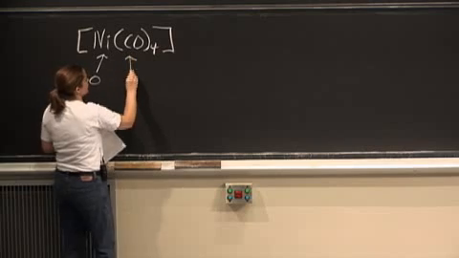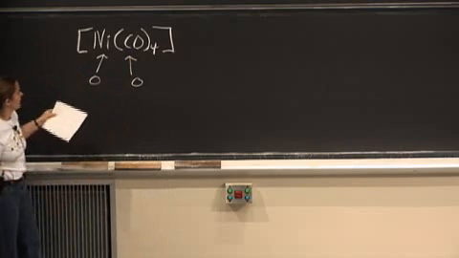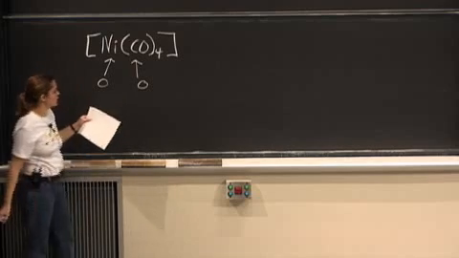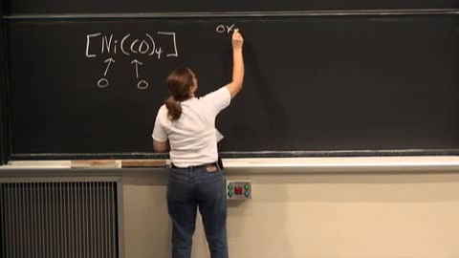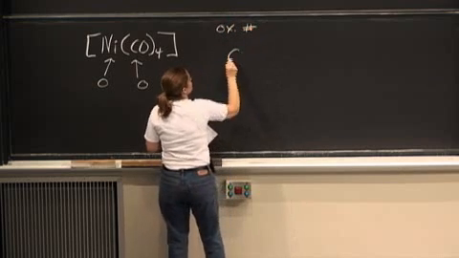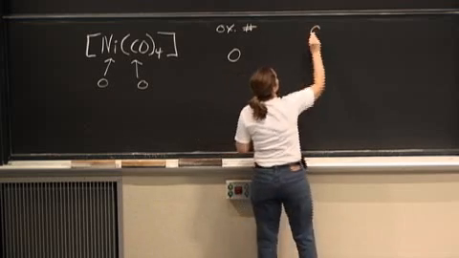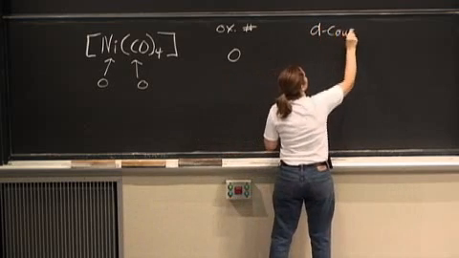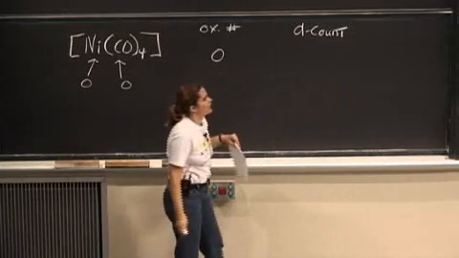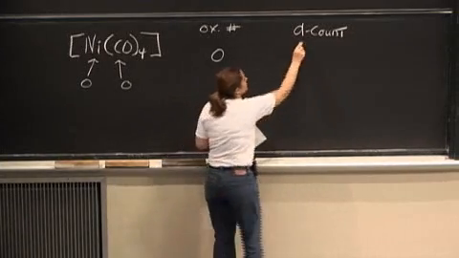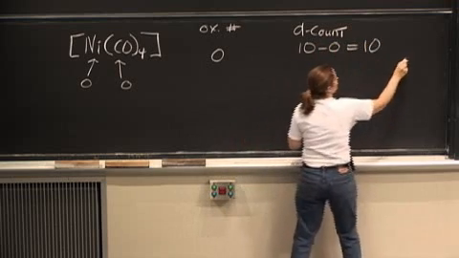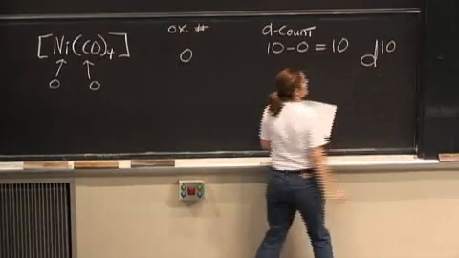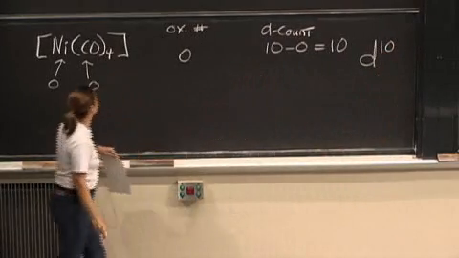So CO is 0, and nickel is 0. The overall charge is 0, so our oxidation number here is 0. So our d count here, what's the group number for nickel? 10. 10 minus 0 is 10. So we have a d10 system.